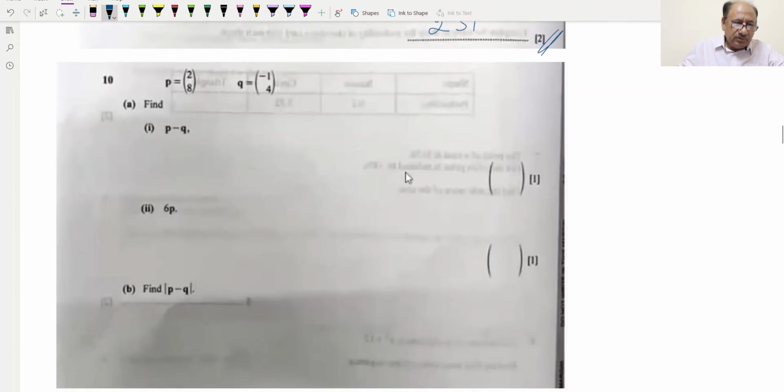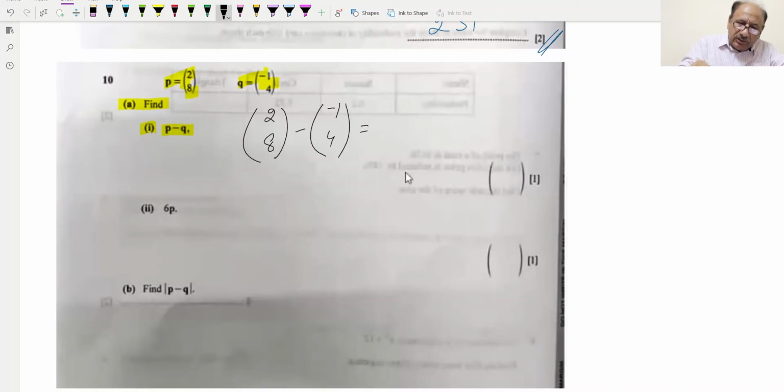Now question number 10, and column vectors are provided. P is equal to (2, 8), Q is also given as (-1, 4). Part a, find i, P minus Q. So P is (2, 8) and minus Q is (-1, 4).